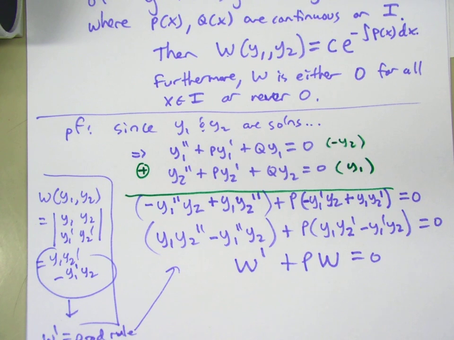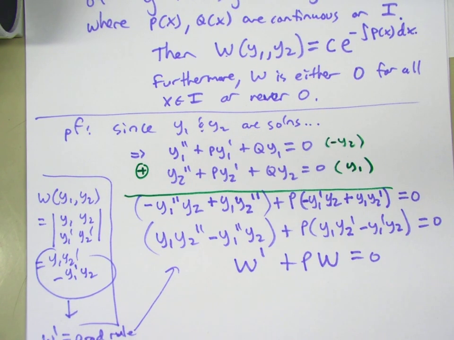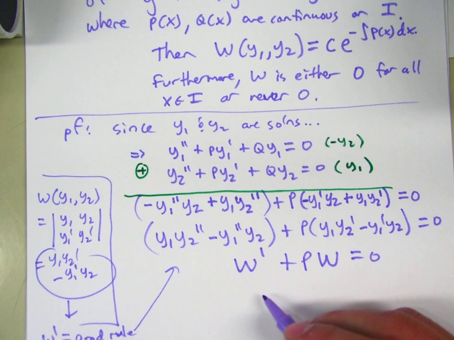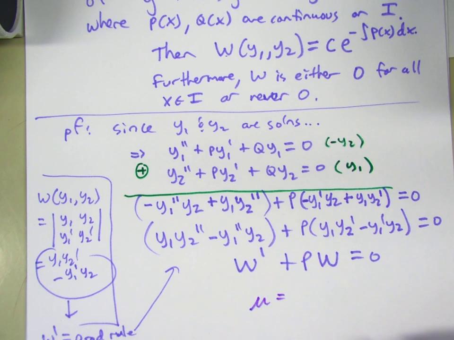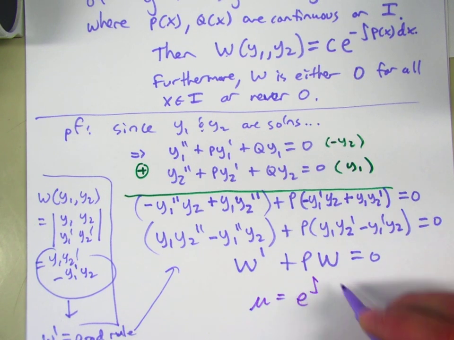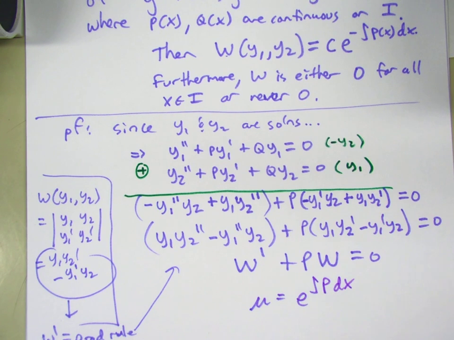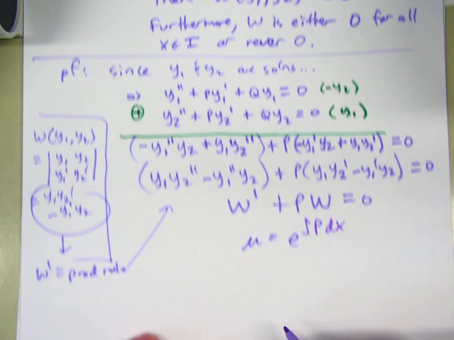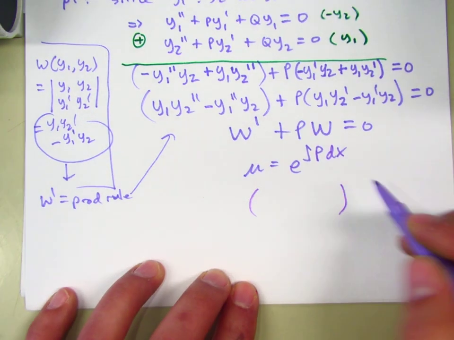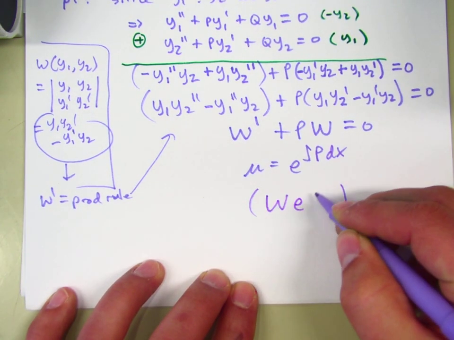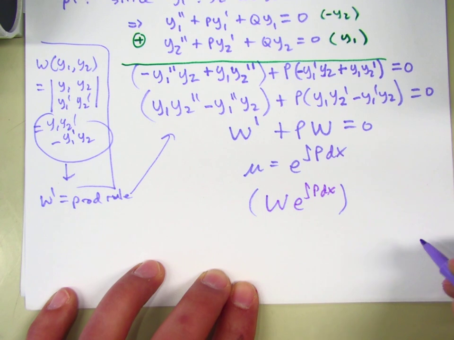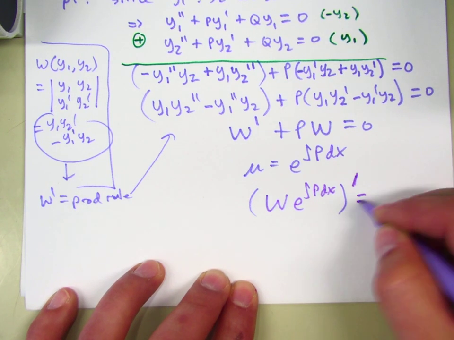Let's see. How do you guys want to approach this? We're trying to find w now, right? We can solve this a couple of different ways. Integrating factor? Sure, it's linear, so why not? So the integrating factor would be e to the integral of p dx, right? And so then this equation on the left-hand side becomes w times the integrating factor, prime, right?